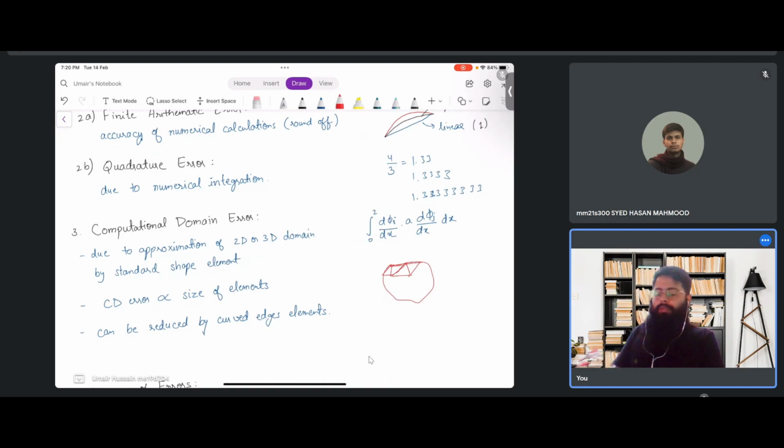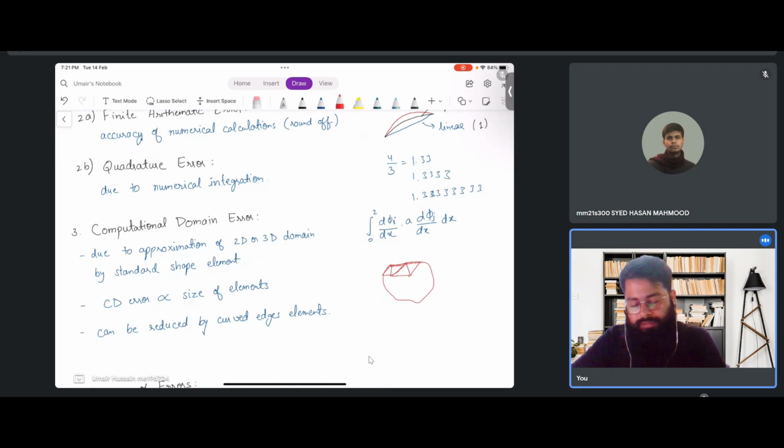So in case of complicated geometry, you're bound to have some inaccuracy in covering the domain by your standard finite elements. That is again a cause of an error, and we should keep in mind that this kind of error can only occur for 2D or 3D problems, where our domain can be a complicated shape.